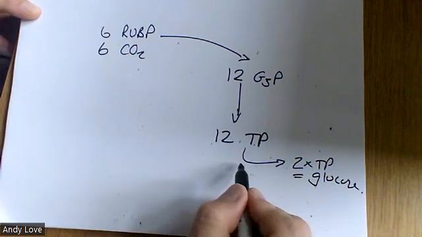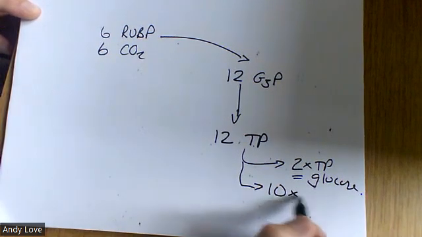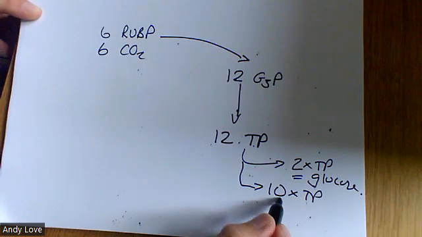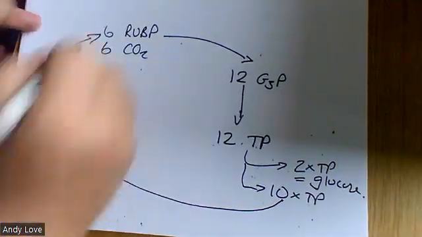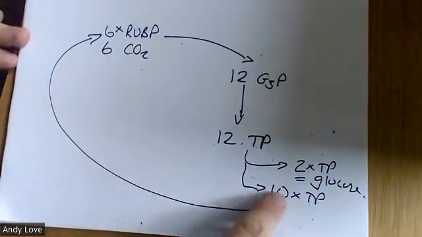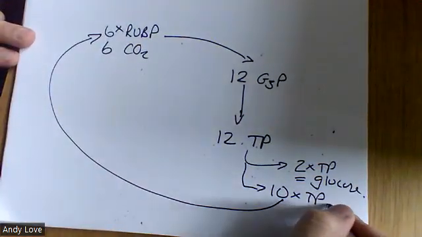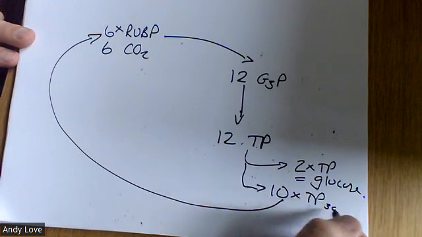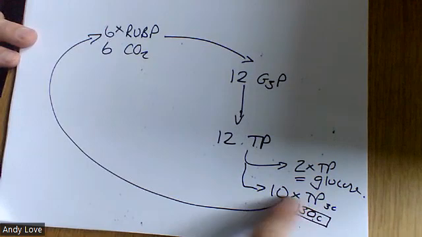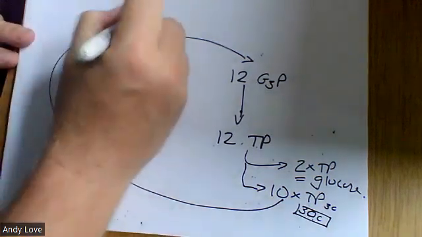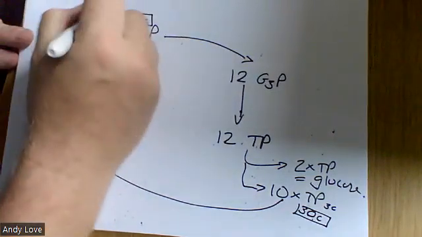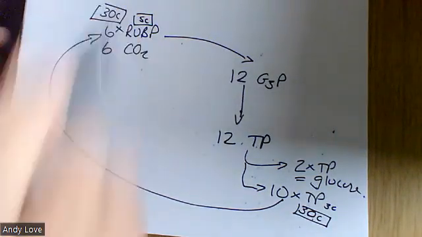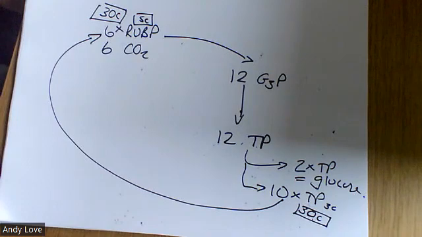And what happens to the other 10? The 10 lots of TP go on to make the 6 lots of RUBP. How many atoms of carbon in a TP? 3. If I've got 10 times 3, I've got 30 carbons available in those 10 lots of TP. RUBP is a 5 carbon molecule. 6 times 5, 30 carbon. Life is sweet because we balanced all our carbons.